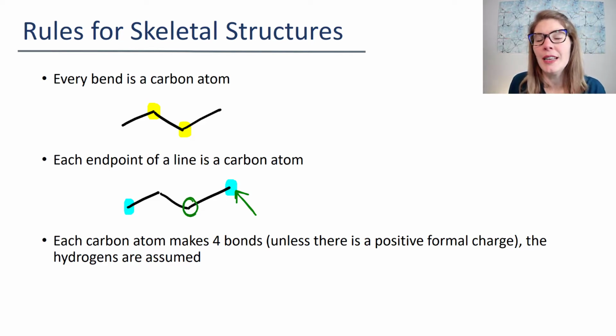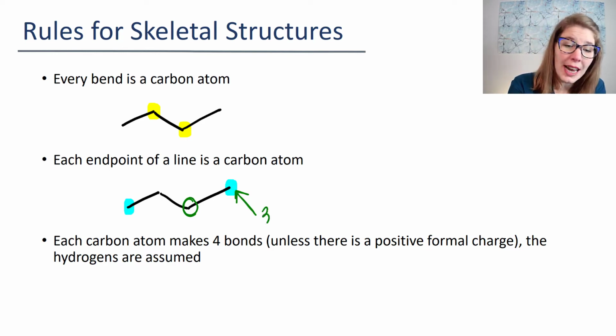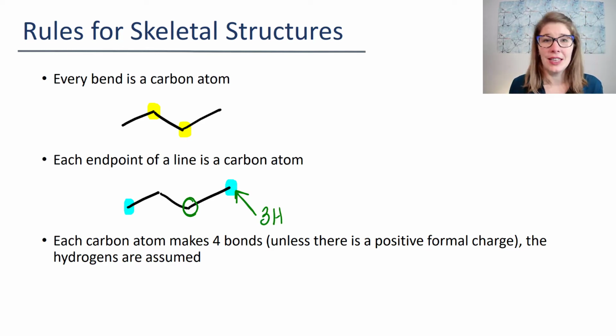Because that carbon is bound only once to another carbon, it needs 3 more bonds to have 4 bonds like tetravalent carbon usually has. Therefore, there are 3 hydrogens on this carbon. This logic is something that we're going to practice in exercises at the end of this video.